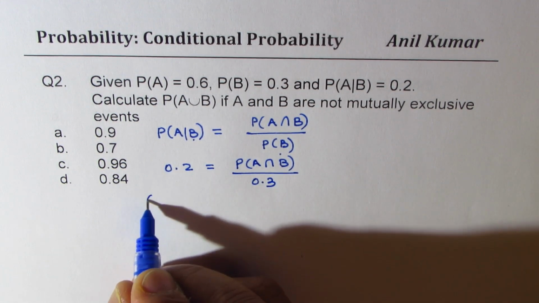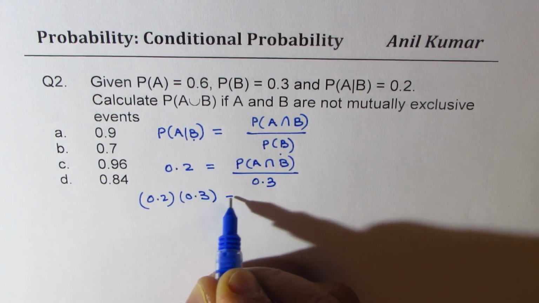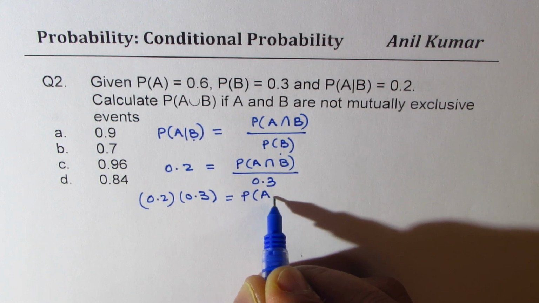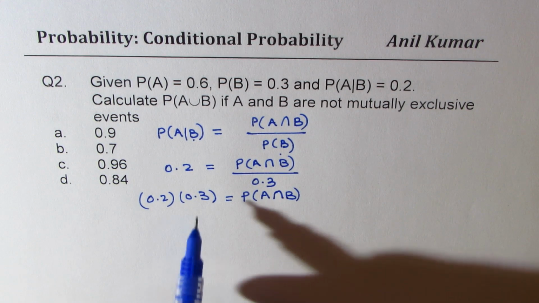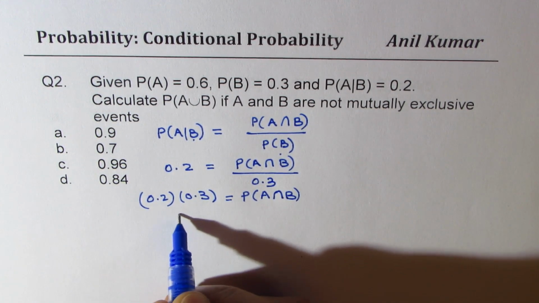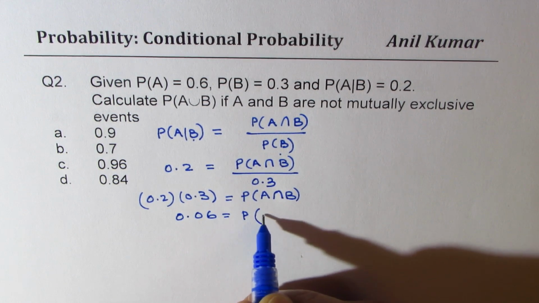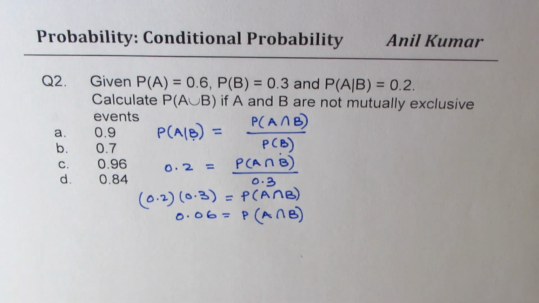So cross multiply, you get 0.2 times 0.3 equals probability of intersection of A and B, that means both happening, which is 0.06. So that is the probability of A and B happening, right?